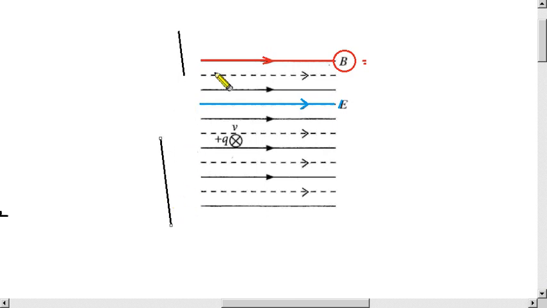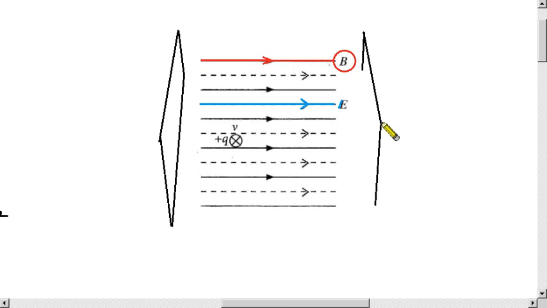You place one at the beginning, at one end of the area where you are going to create this field, and the other plate you keep like this, at the end of the area where you are going to make this electric field. I can fill this using blue color because I am going to create this electric field.